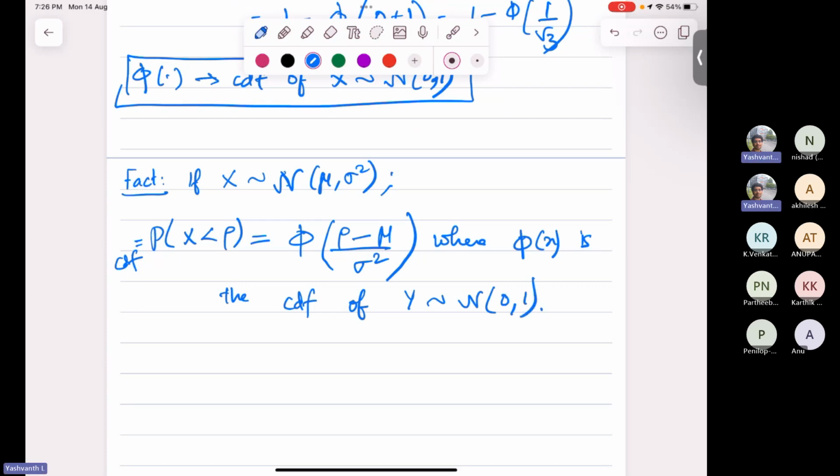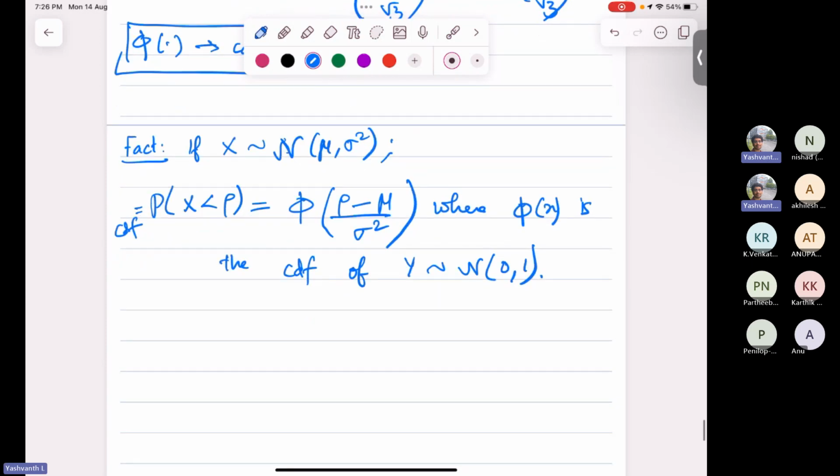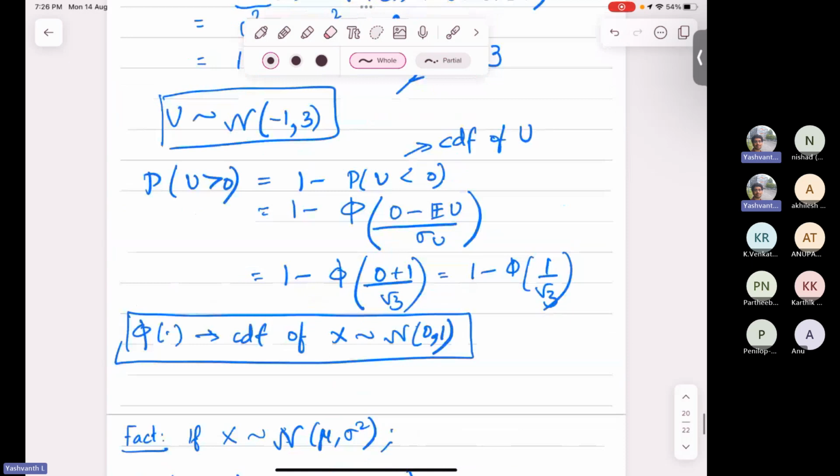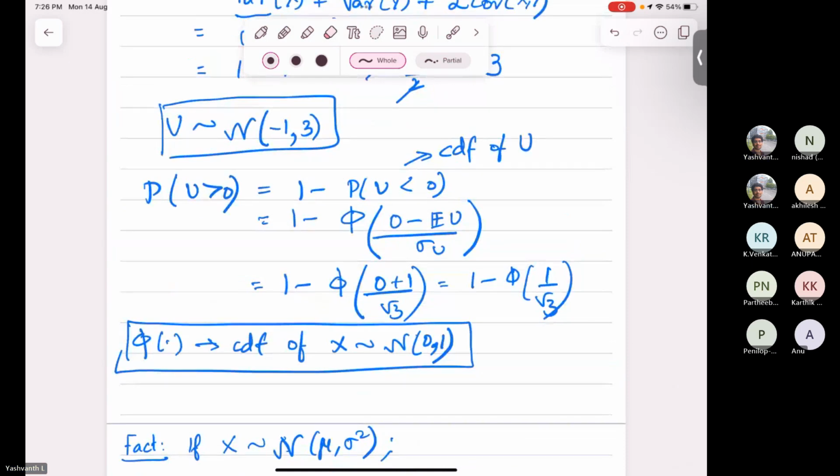Just note this fact. You can prove this very easily. Sorry, this is not sigma square, this is sigma. It's very handy. That's what I've used here. So here rho is 0. This number is 0. That's why rho is 0.